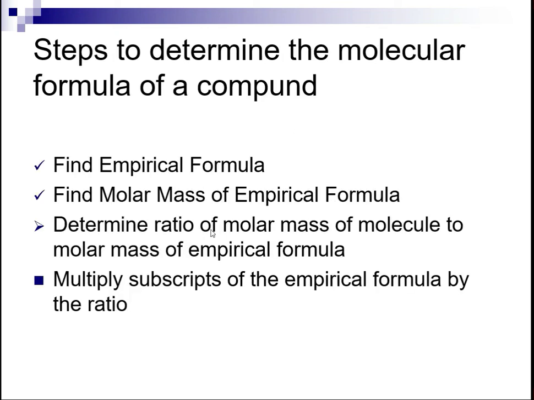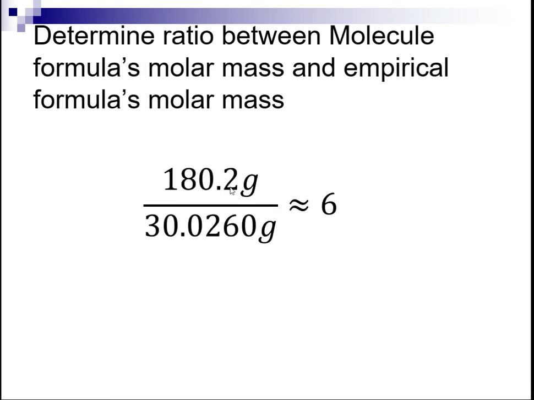Step 3, determine the ratio of the molar mass of the molecule to the molar mass of the empirical formula. Well, the molecule had a molar mass of 180.2. The empirical formula had a molar mass of 30.0260. So if I divide those two, I get a number really, really close to 6, which means my compound is 6 times larger than my empirical formula.